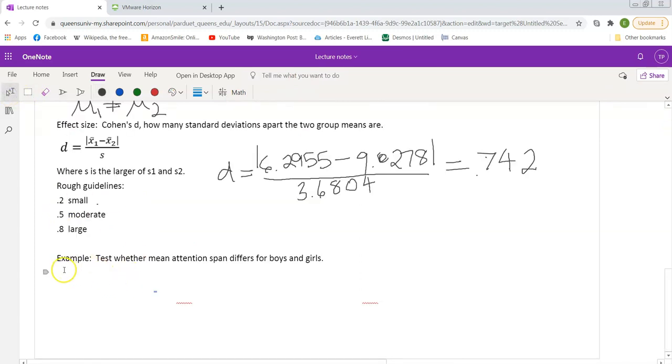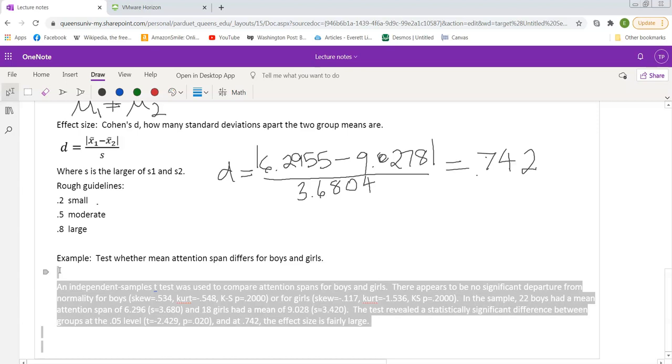Well, let me just show you this that I've done. And just like before, this is not something for you to just copy and change the numbers on. This is to give you one example of something that's an acceptable write-up. And we'll practice in class with some other examples.